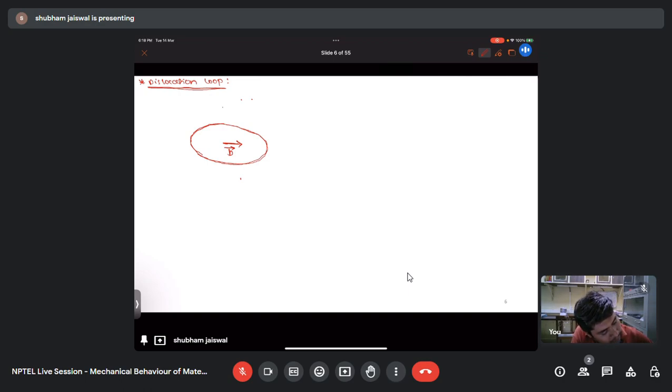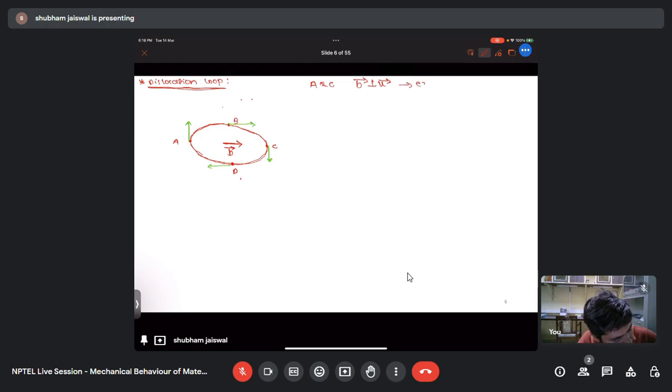So if we take four points, let's say this is A, B, C, and D, and if we draw the tangent to this line vector, we'll get something like this. So here we can see that at A and C, the Burgers vector is perpendicular to the line vector.